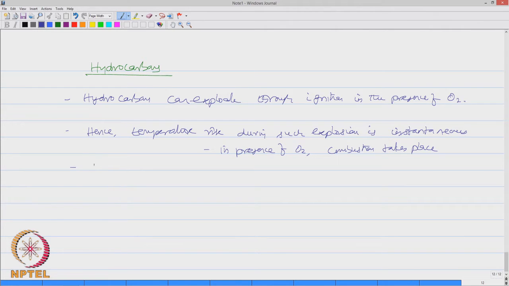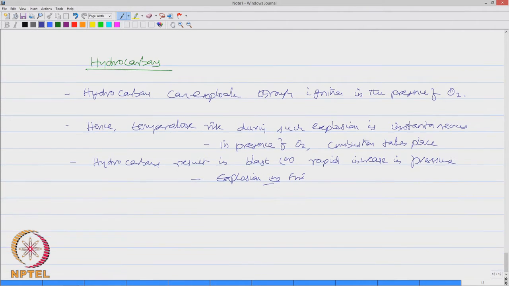Therefore, hydrocarbons result in blast or rapid increase in pressure. That results in explosion or fire.